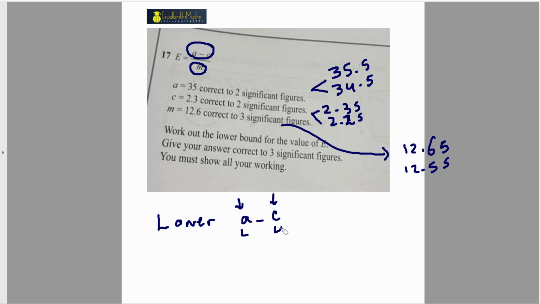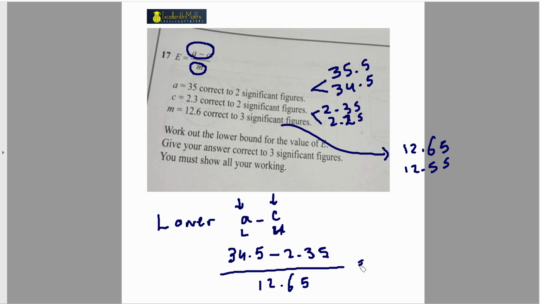Lower of A is 34.5, take away upper of C, which is 2.35, and we put all of that over the upper of M, which is 12.65.